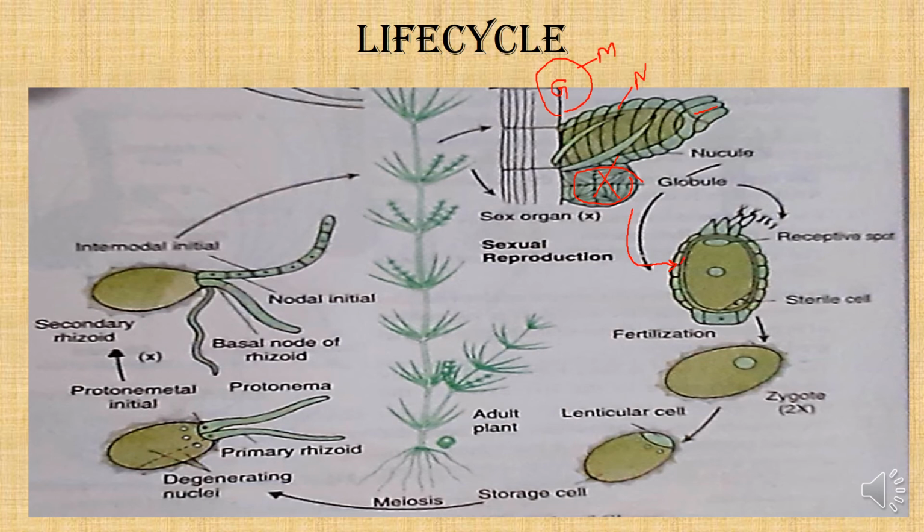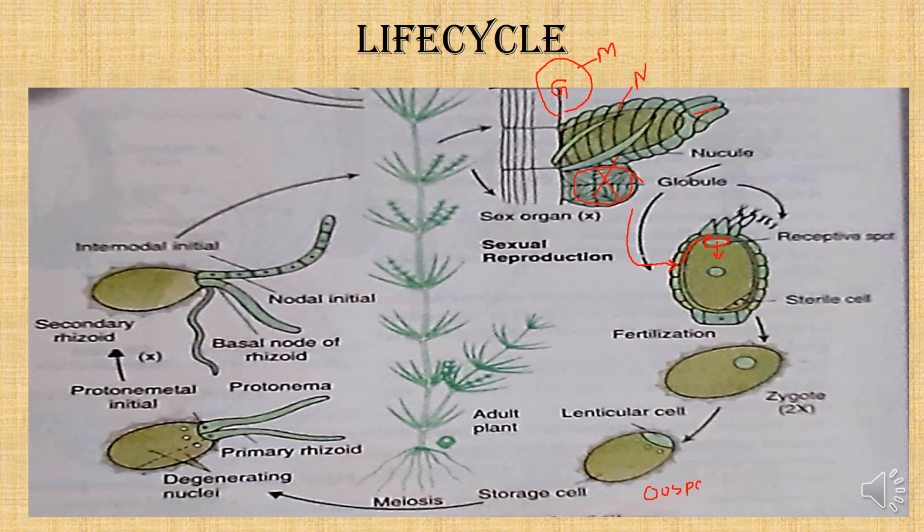So the sperms swim through the opening in the tube cells, and then swim to the top region, that is the receptive spot region, and gain penetration through this receptive spot. They fertilize and this is the zygote, and this is the storage cell or oospore.